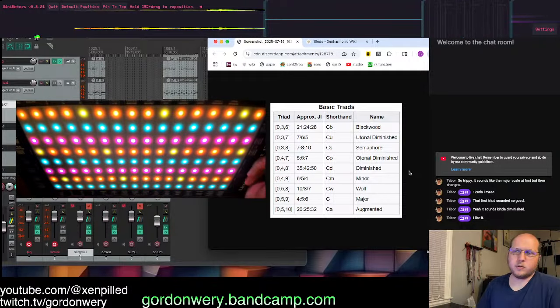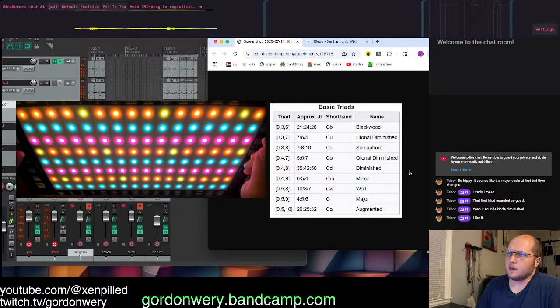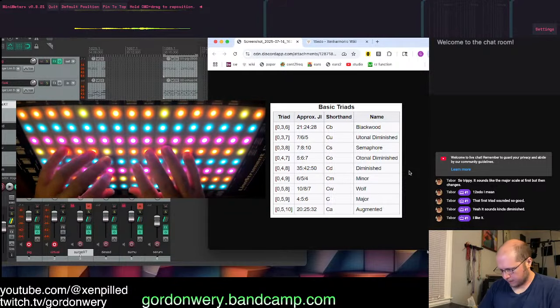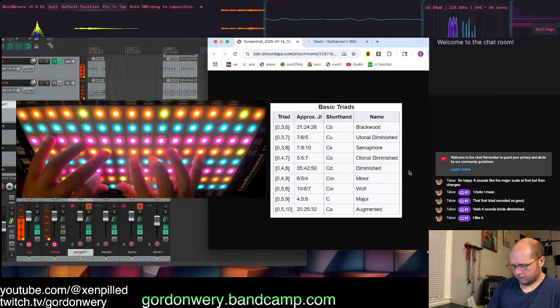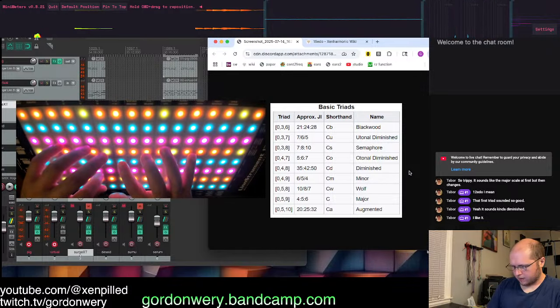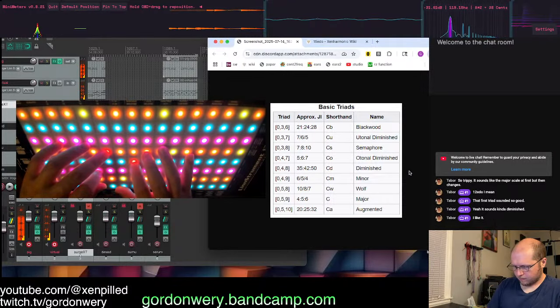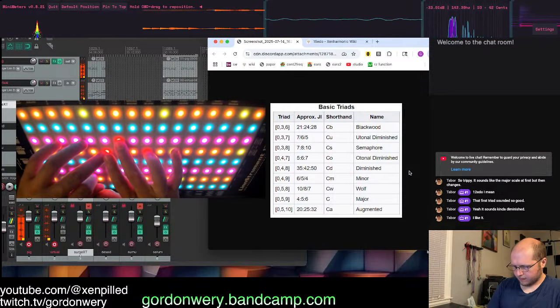So the major chords are all in the right spot. And yeah, the major triads sound pretty good in 15. So do the minor triads.